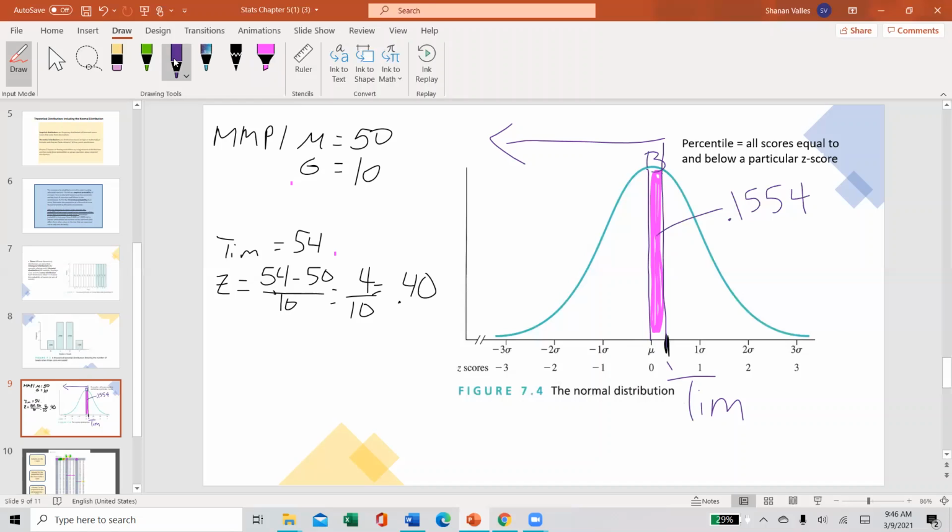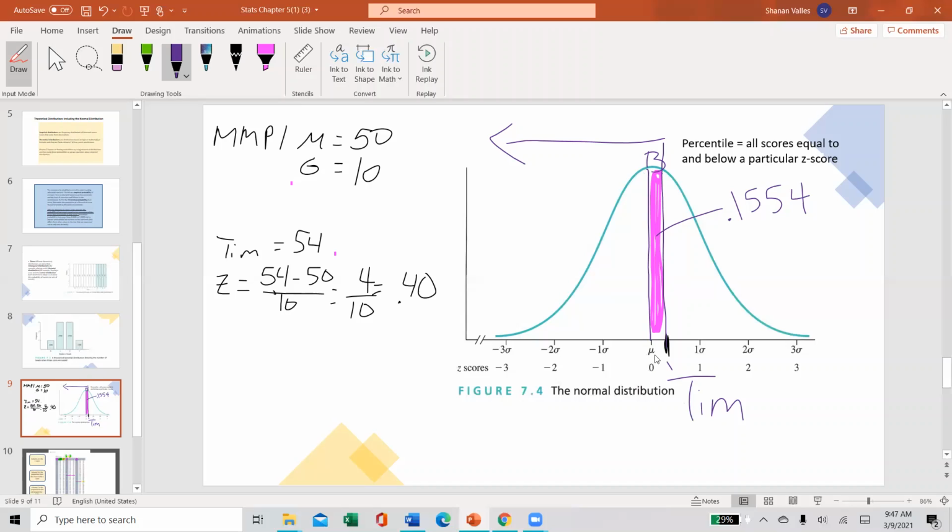If it's everybody equal to Tim and below him, we just found this proportion in here. Is that our number, or do we have to find more? What about all of these people that are below the mean? Tim was above the mean, but we can't forget about everybody that's below the mean.